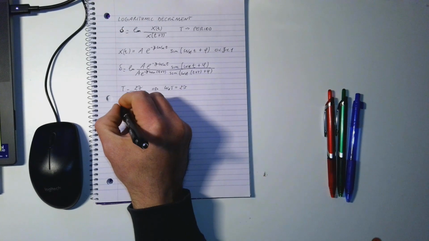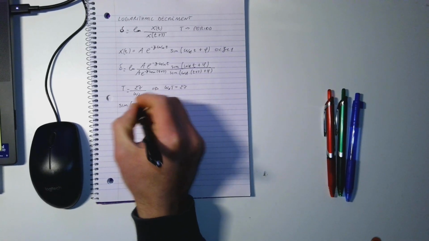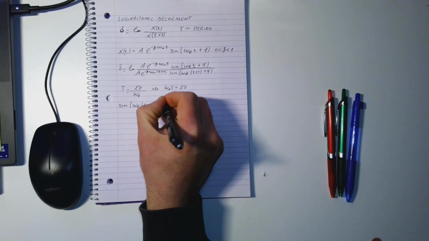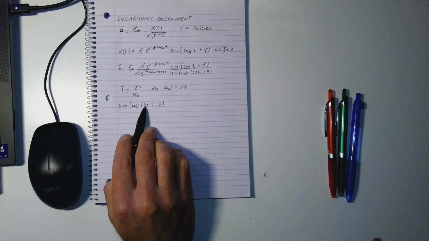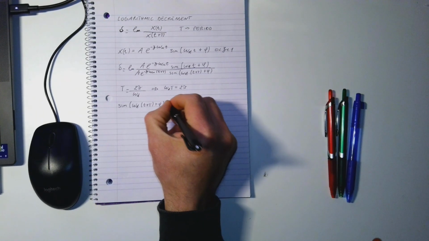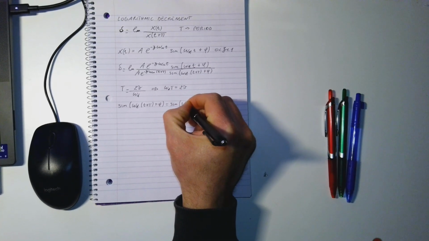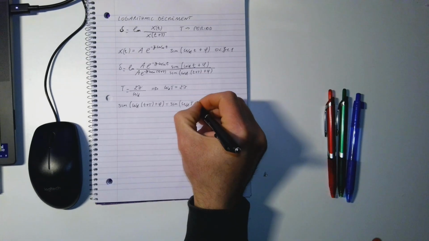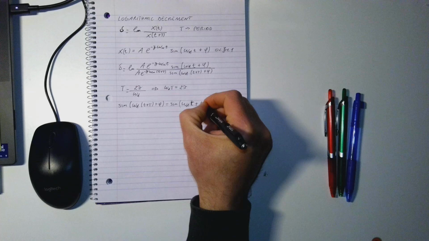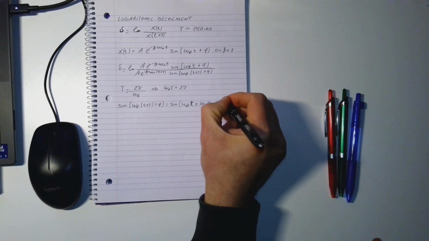If we start from sine of omega d t plus phi, we can simply replace t with lowercase t plus uppercase T, so this becomes omega d lowercase t plus omega d uppercase T plus phi.